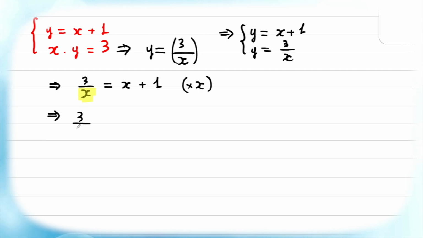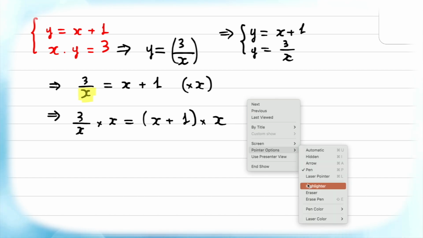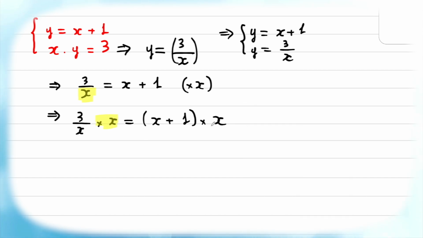I mean 3 over x will be multiplied by x, and all of the expression x plus 1 has to be multiplied by x at the same time. So multiplying x on the left hand side and x on the right hand side will keep this equation unchanged. After this step, we can convert this one to 3.